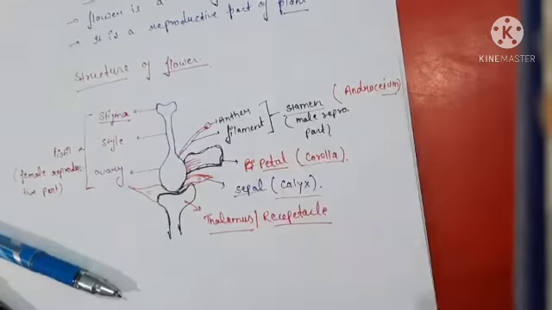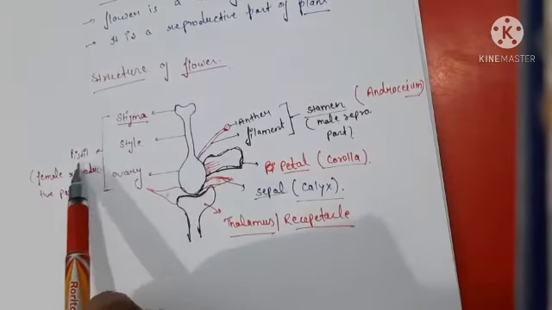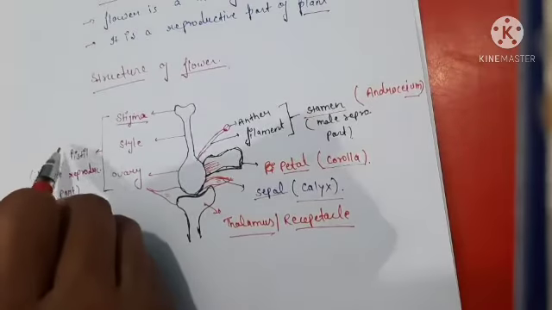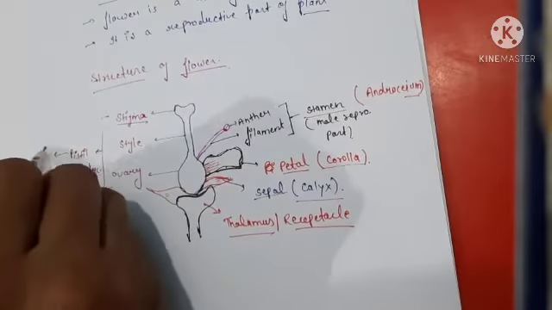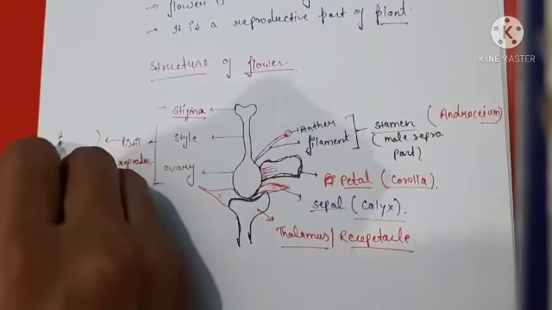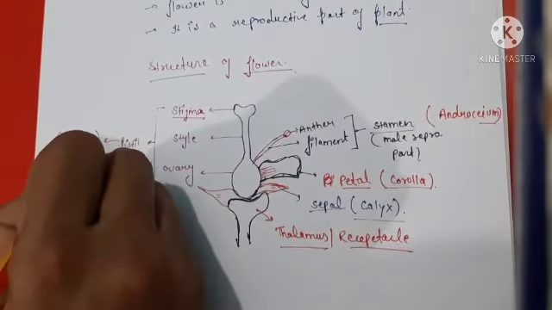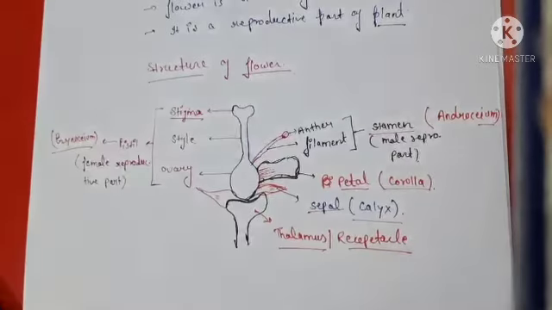That is the male reproductive part. And here one stigma, style and ovary is called pistil, and a group of pistils is called gynoecium. That is the female reproductive part.